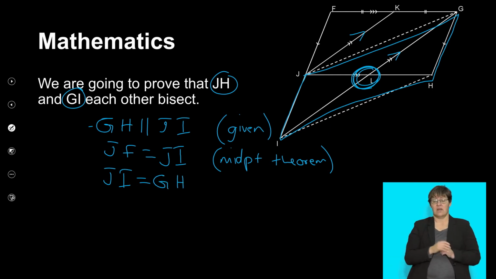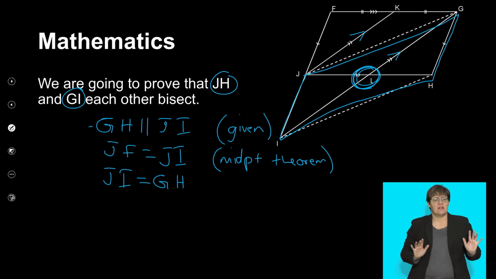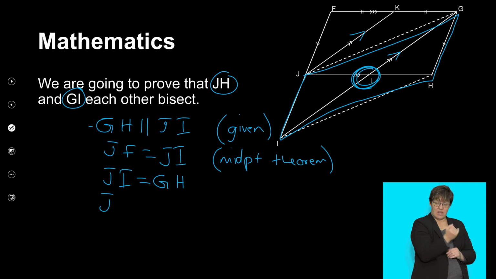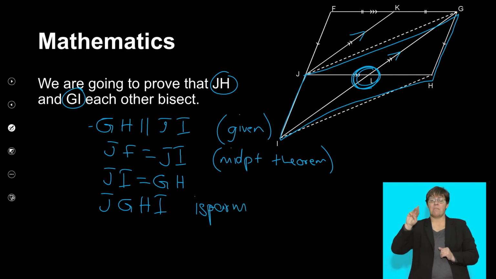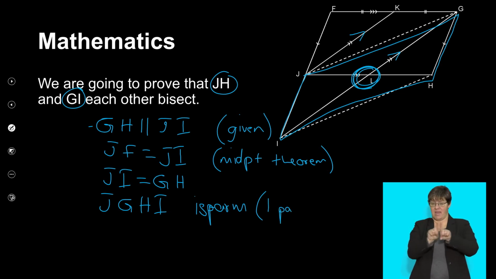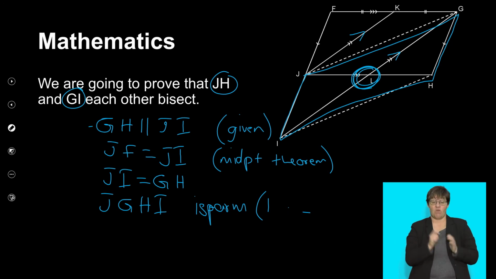Now, as soon as this is the case, it simply tells us that JGHI is a palm, meaning parallelogram. The reason for this will be one pair of sides is parallel and equal. Let me just write that properly for you.